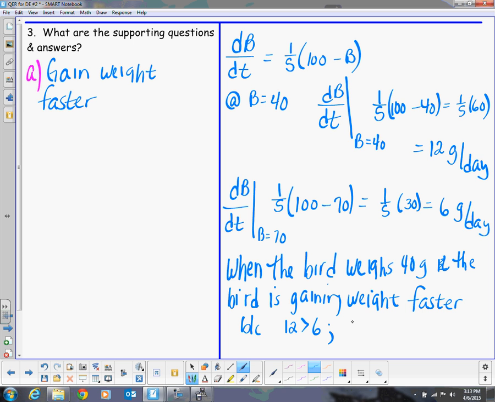Another option is to say dB/dt when b equals 40 is greater than dB/dt when b equals 70. Just FYI, by using this derivative and substituting 40 and 70, you got 1 point. Then saying that the derivative at 40 is greater than the derivative at 70 is a second point. So we have gotten 2 points so far.